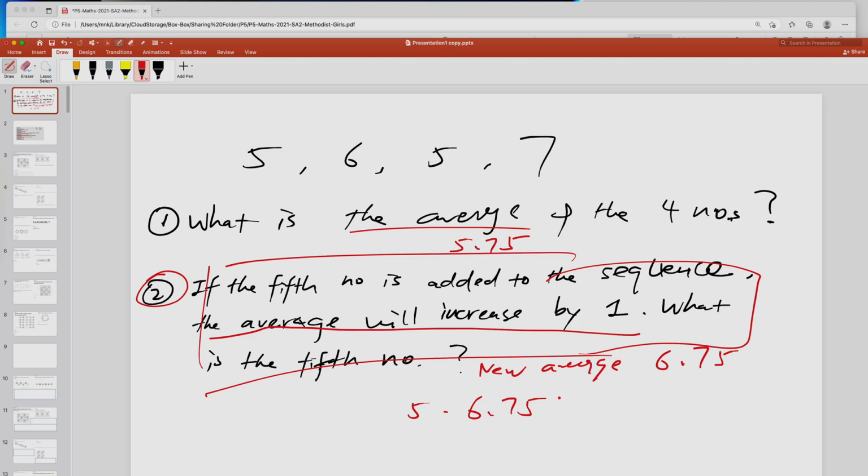So, how do you find the 5th number with the total? Minus the others, then you'll get the fifth number.